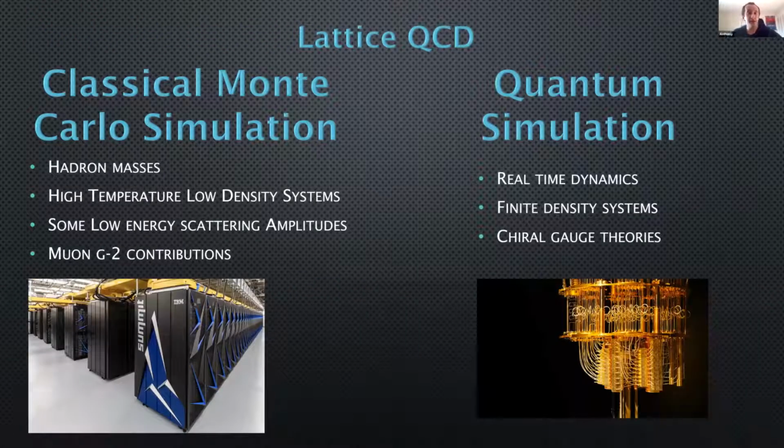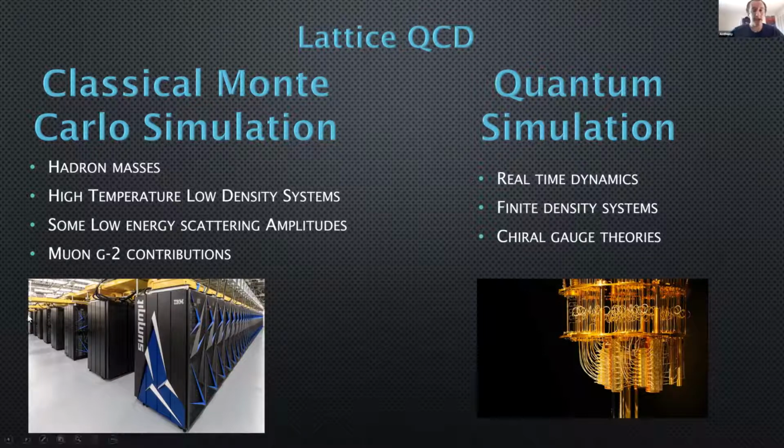So like I said, we're going to be talking about the quantum simulation of lattice QCD, which is the theory that describes the fundamental interactions of quarks and gluons, which make up nuclear physics. Some aspects of lattice QCD can be simulated on classical computers using Monte Carlo simulations, and these have been incredibly successful in computing many aspects, such as hadron masses, such as the mass of the proton and neutron.